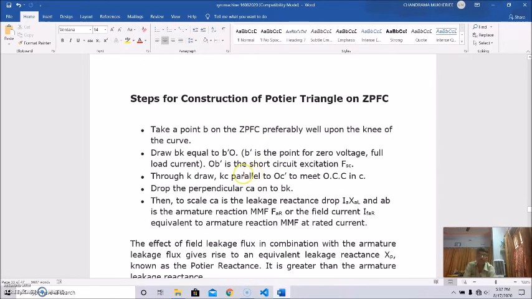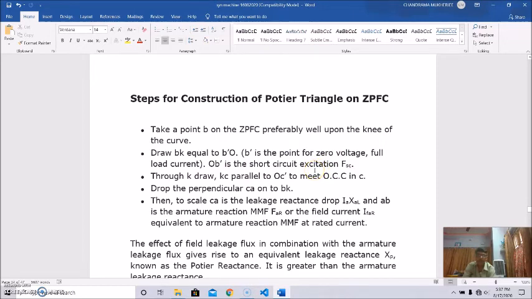So what are the steps for construction of the Portier triangle on ZPFC? Take a point B on the ZPFC, preferably well up on the knee of the curve, as shown. Draw BK equal to B dash O. So B dash O is the point for 0 voltage full load current, and OB dash is the short circuit excitation FSC.